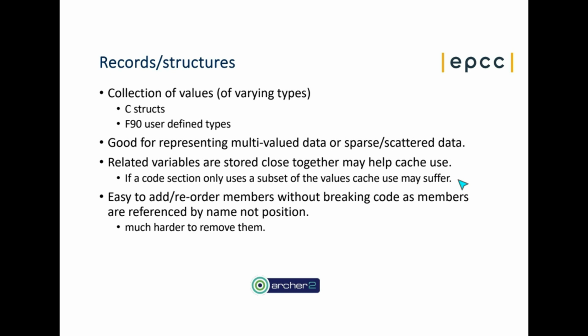But that's only true up to a point, because very often you have a structure with a whole bunch of values in it, but a particular routine may only access a subset of them. Once you access one value, you get the surrounding values in memory loaded into the cache too, and unless those are also used in the same routine or loop, that's wasted space in the cache, and you're going to get extra misses.